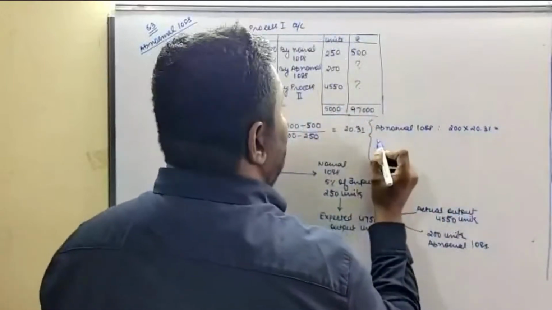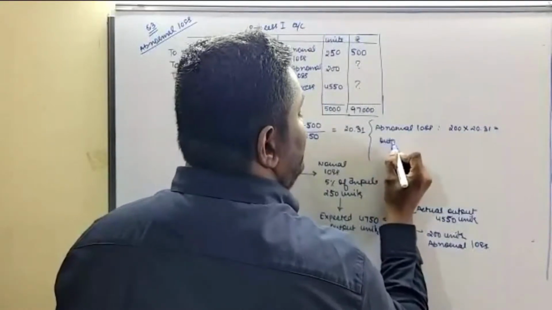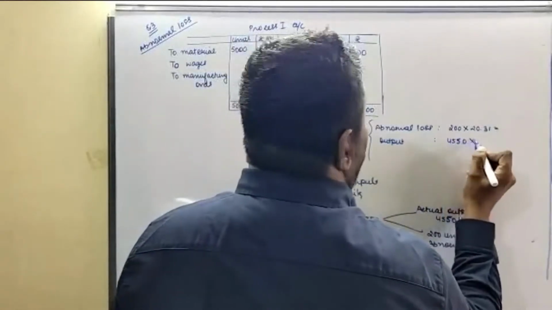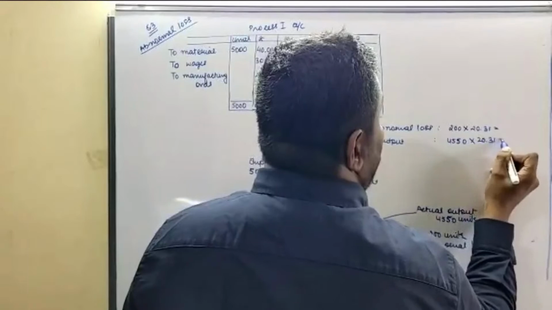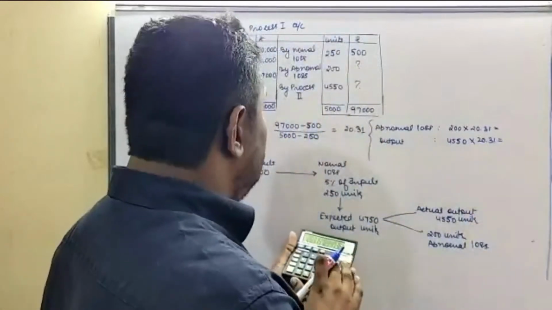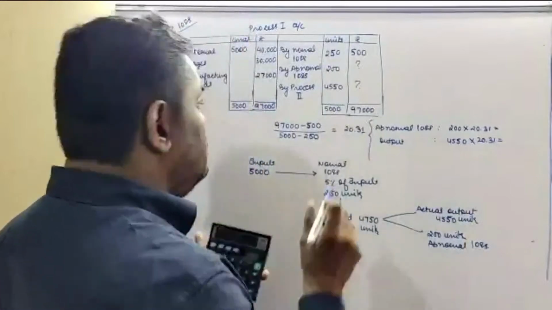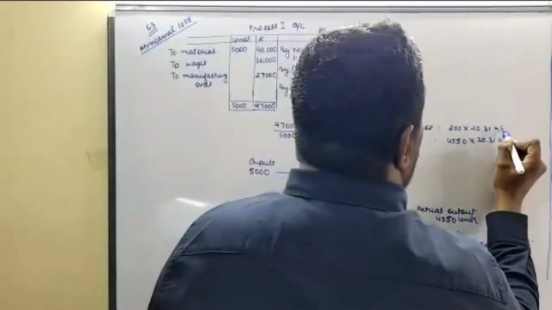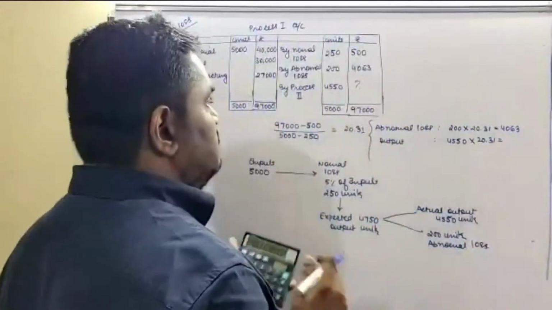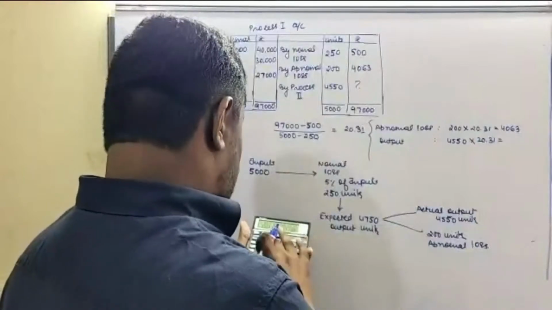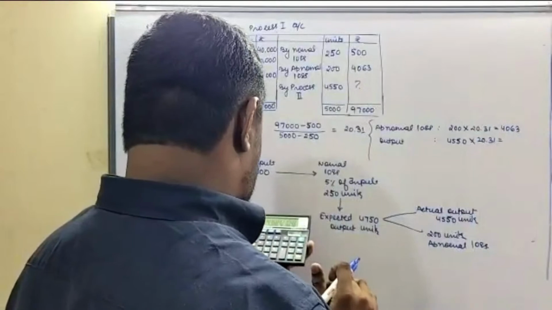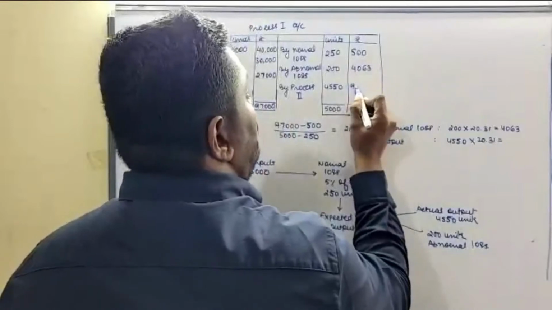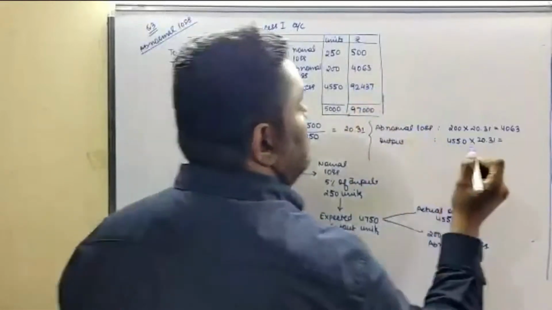This will be the value of abnormal loss, and the value of output will be how much? 4,550 into 20.31. So this will be 4,063, and this will be 92,437.